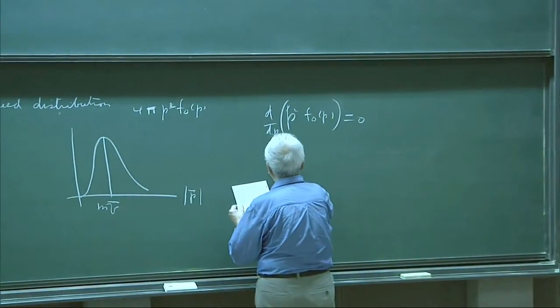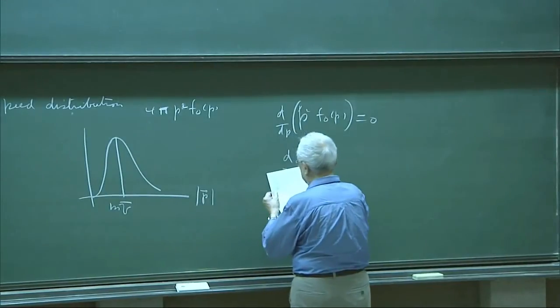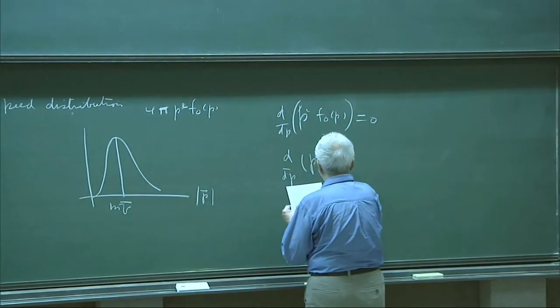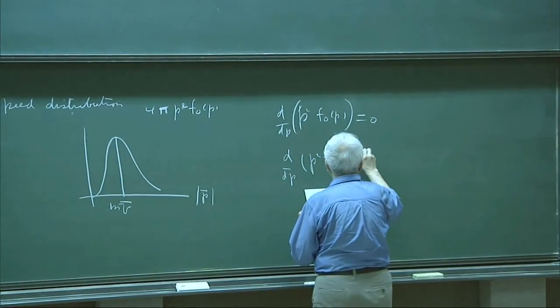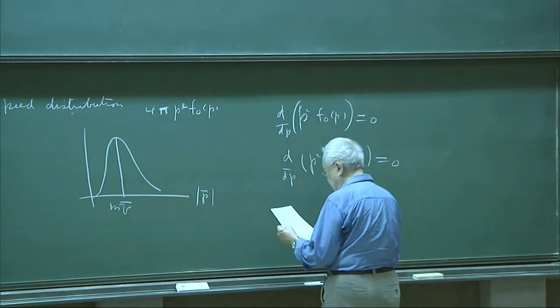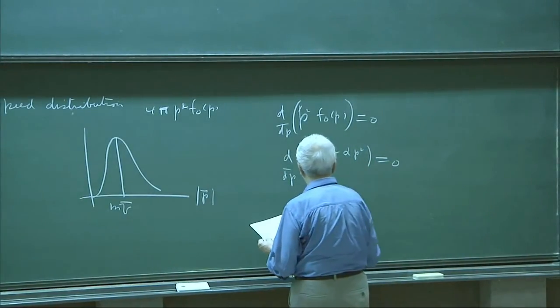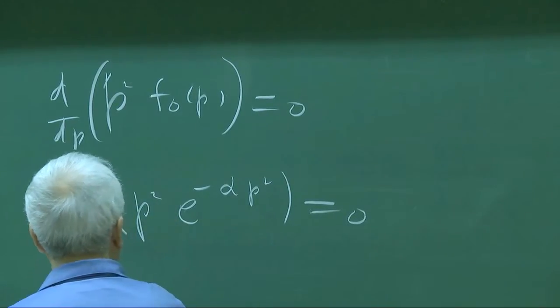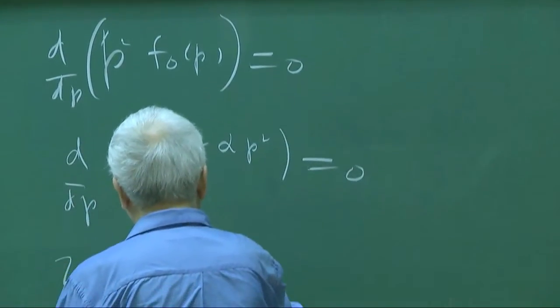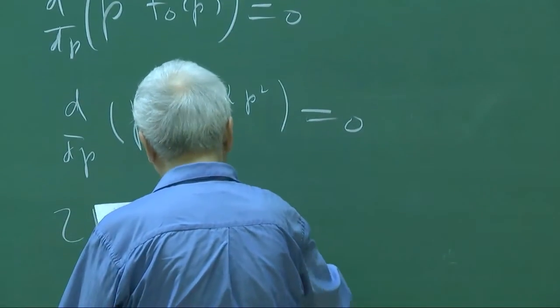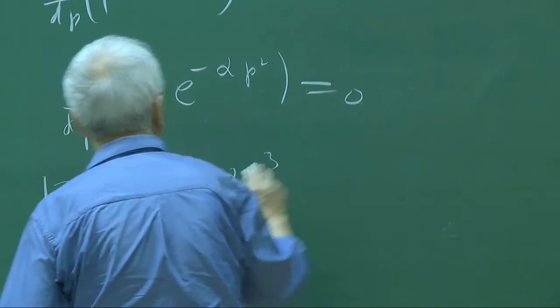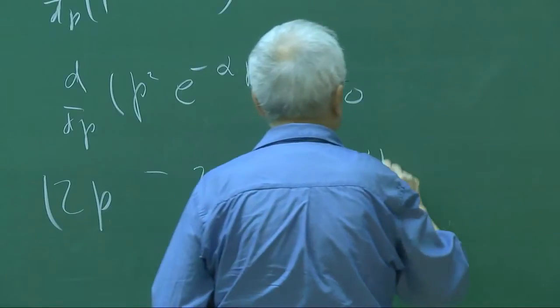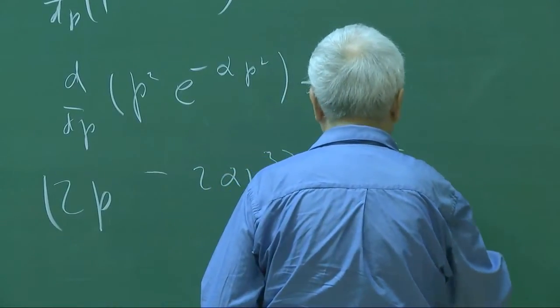So I have d/dp of p squared, the c doesn't matter, times e to the minus alpha p squared is equal to 0. And so this gives me 2p times this minus 2 alpha p cubed times e to the minus alpha p squared is equal to 0.